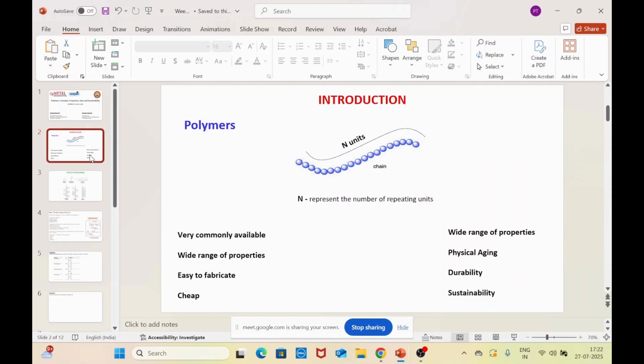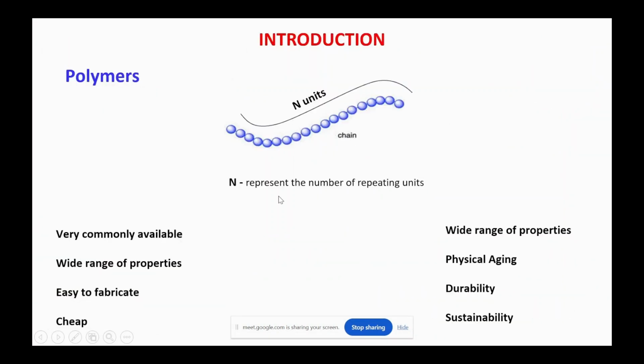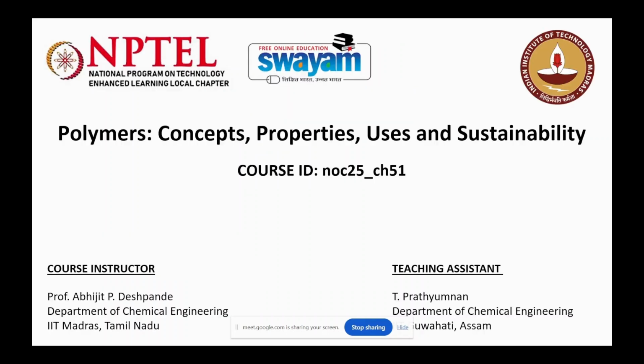So coming to this course, this is more of a fundamental, or you can say an introductory course wherein we will see what polymers are, how they are processed, what their properties are, and what their uses are, and we will also discuss sustainability.